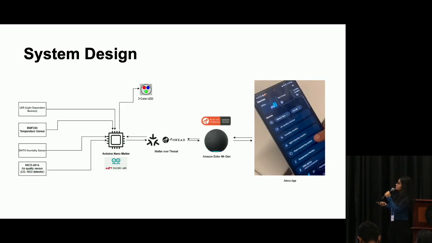It is a very lightweight and very new protocol, and this is what we have built using it. Then there's the Alexa app, which helps the users monitor these values from the sensors. The user will get notified using the Alexa app and act on it accordingly.